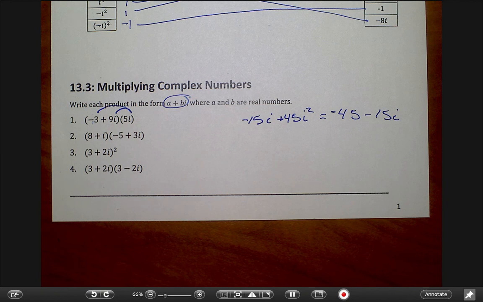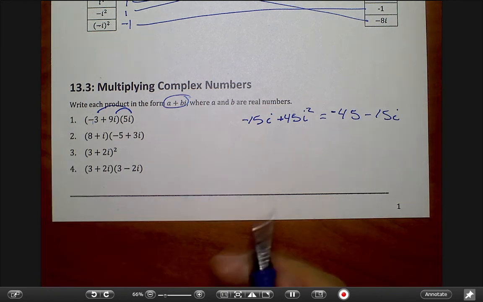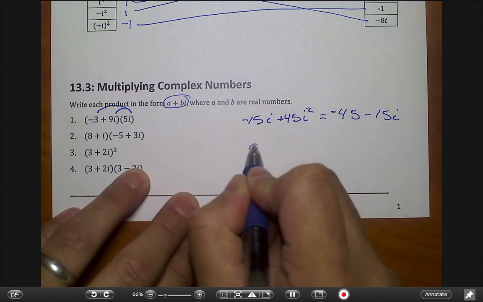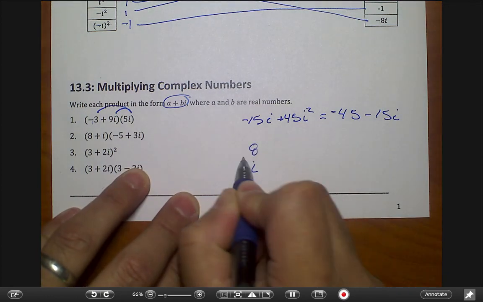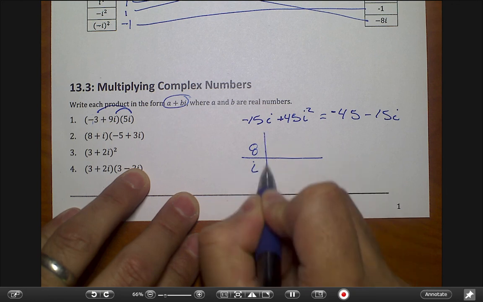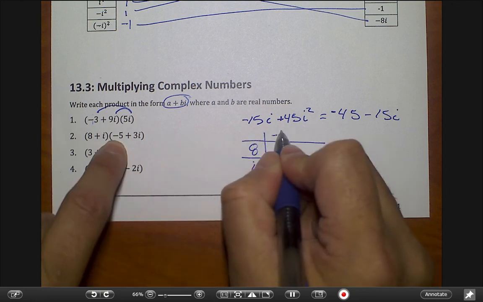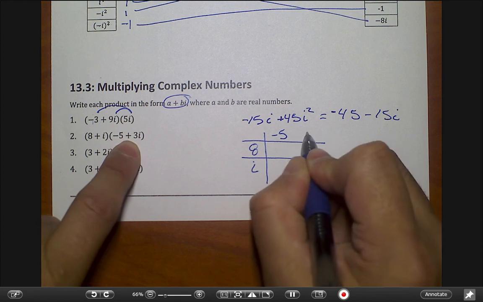Okay, so now I'm going to do the box method for this next one, because multiplying two of these together seems to give some issues. So I'm going to use the box method. So it's 8i, and then it's going to be negative 5 and positive 3i.